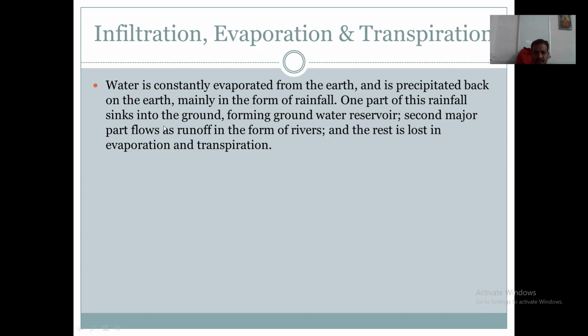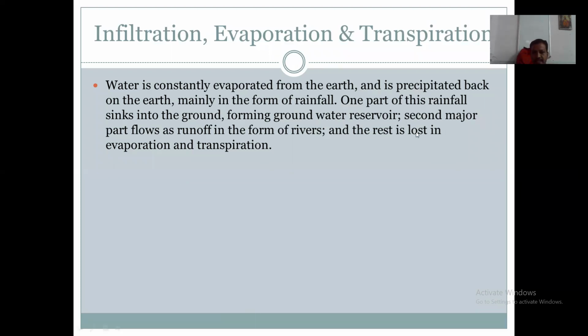So one of the parts is rainfall. After rainfall, what happens? It falls on the earth surface and infiltrates into the ground. It seeps through the voids of the soil and reaches below the earth's surface, up to the groundwater table.